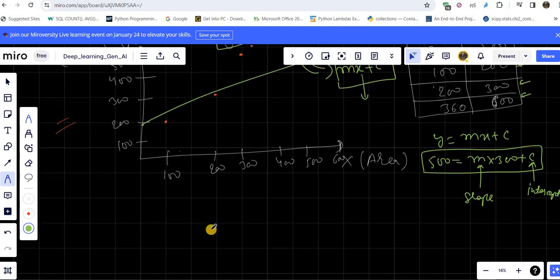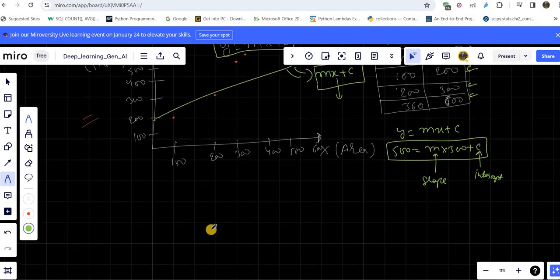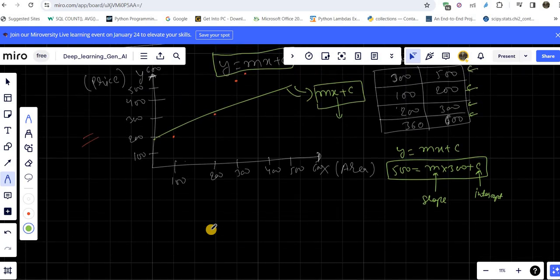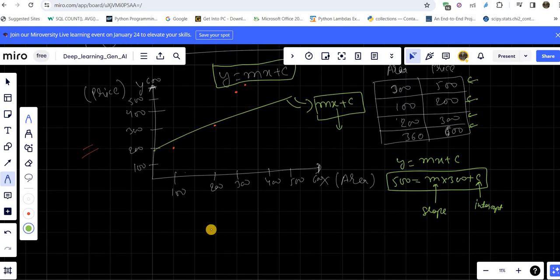Okay, that how to find the m value and how to find the slope and the intercept. So in this line, if you understand, this value is called c, intercept, and the angle at which this line is, this is actually called slope.